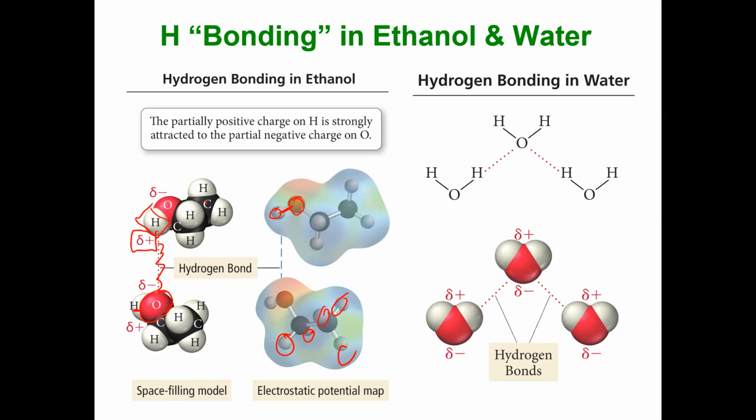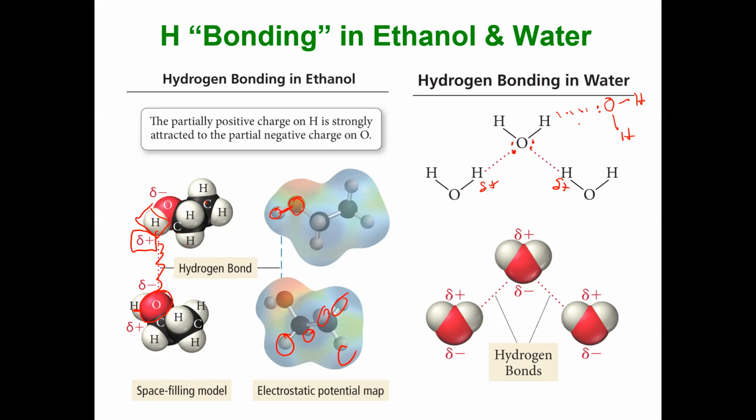And in reality, each water molecule can exhibit 4 hydrogen bonds. So you can have 2 lone pairs here, right, that are attracted to these partially positive hydrogens right here. And really above here, I could have 2 more hydrogen bonds because there could be a neighboring oxygen right here in a water molecule.